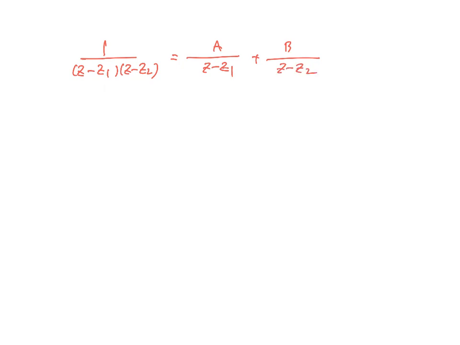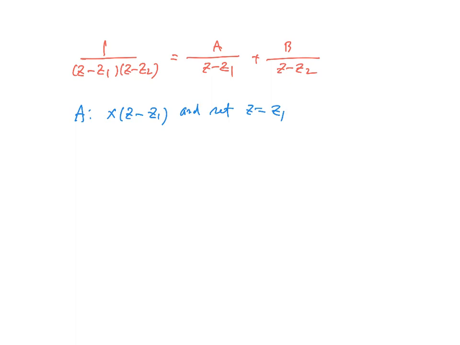So how do you find A? For A, you multiply by z minus c1 everywhere and set z equal to z1.